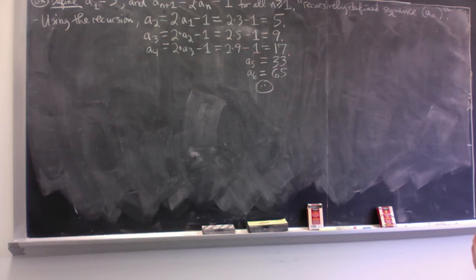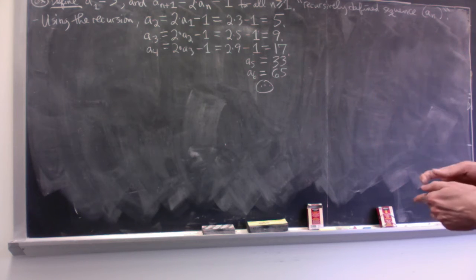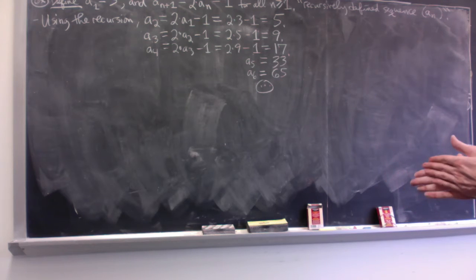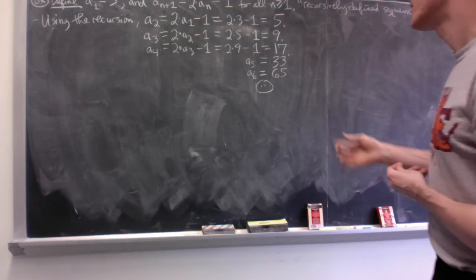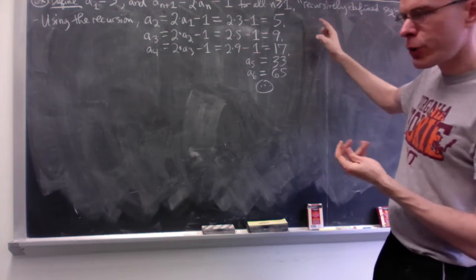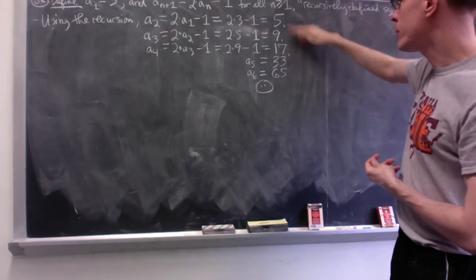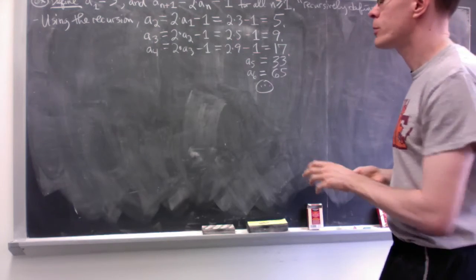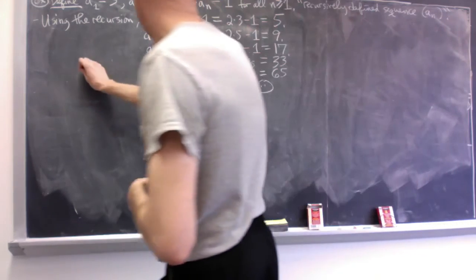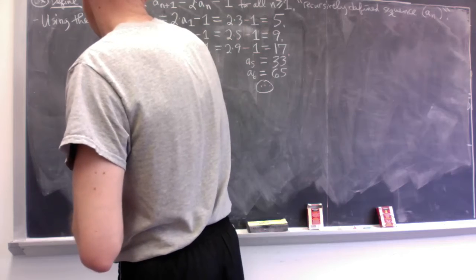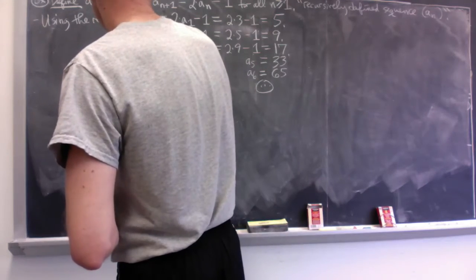All right. And the hope is, maybe this is describing the running time of some algorithm as a function of the input size or something. What you'd really like is a non-recursive explicit formula for these numbers that are coming out, starting with 3. So the sequence we've got is 3, 5, 9 so far.